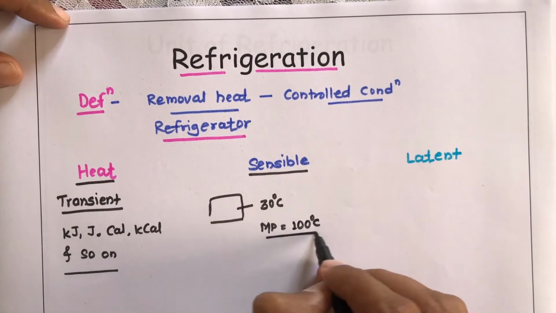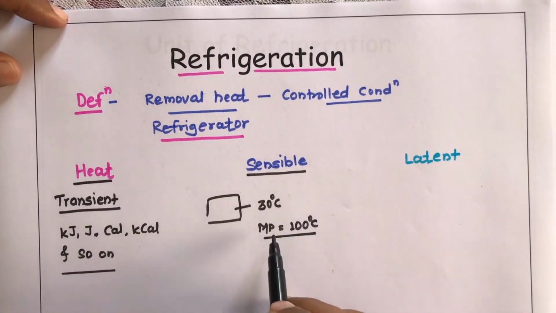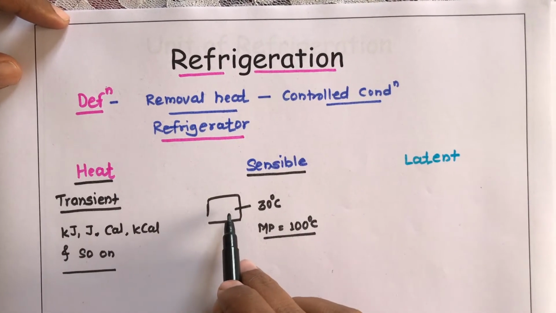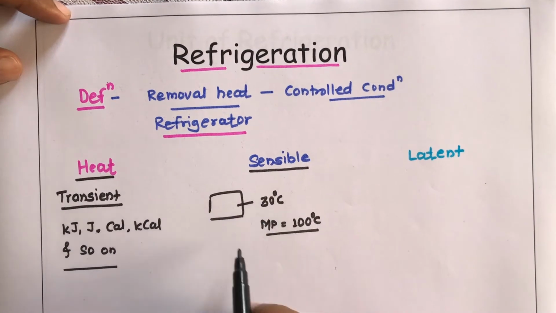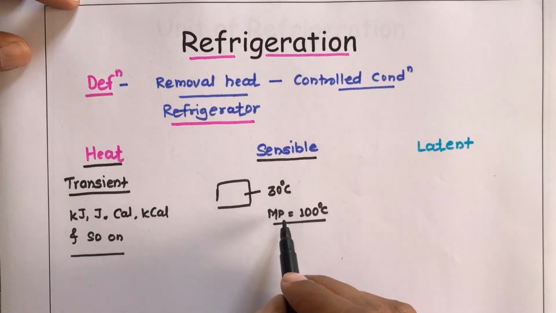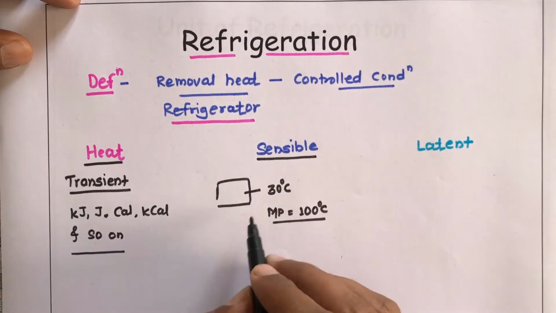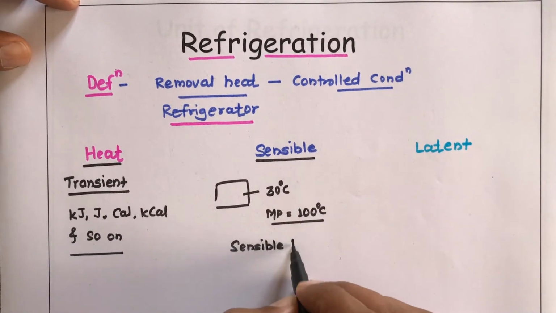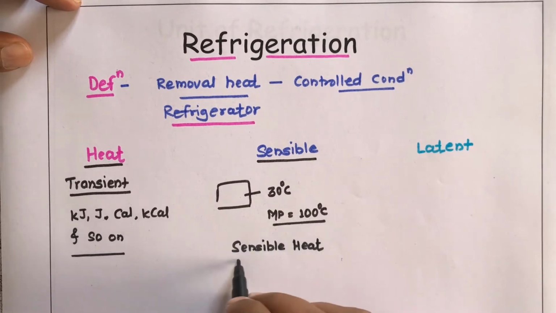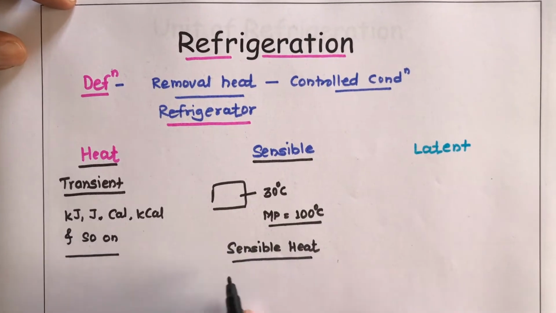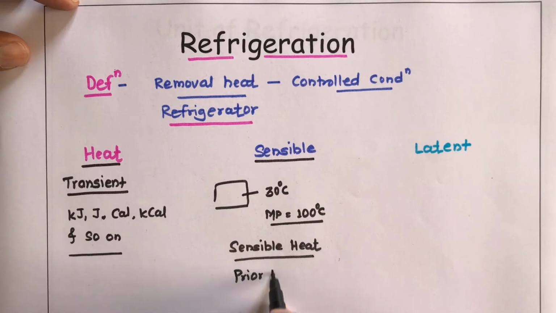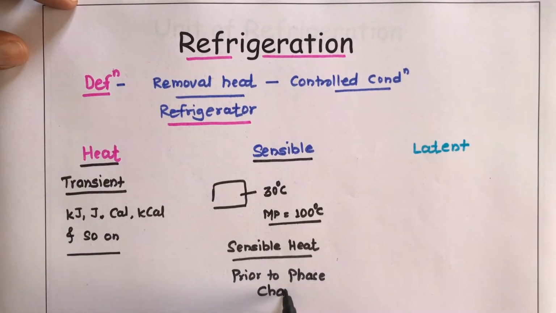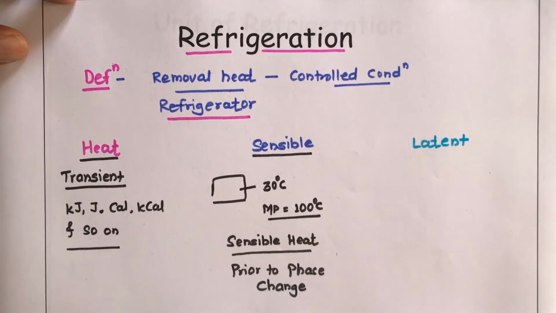Prior to phase change, if I provide heat to this substance at 30 degrees Celsius and it is heated to below 100 degrees Celsius, then the amount of heat supplied is sensible heat. In brief, the energy received prior to phase change is sensible heat.